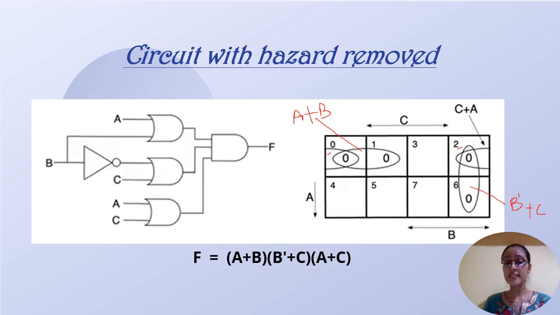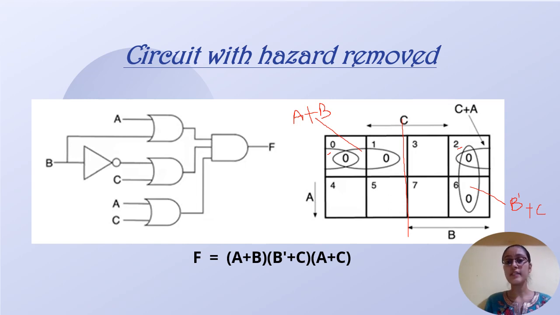As mentioned in the step, we have to loop the adjacent cells. So when we fold this K-map, we may see that 0 and 2 have a 1-bit difference, and hence we should loop this also.